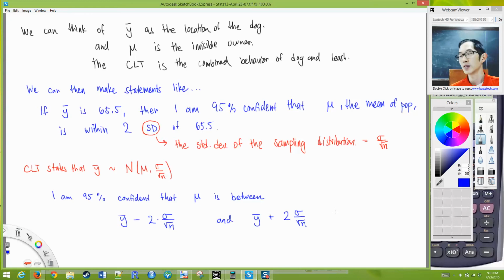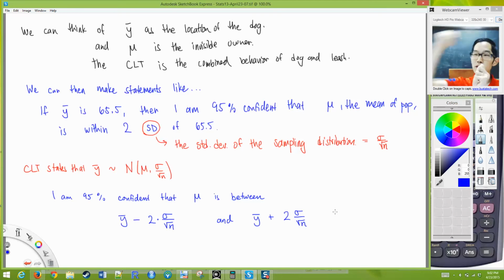So the idea now is we don't know where mu is. We understand the central limit theorem and sampling distributions, meaning that if we have a population with mean mu, when we take random samples, the y bar comes from a normal distribution centered at mu. So if mu is here, the different y bars we get should be close to it.